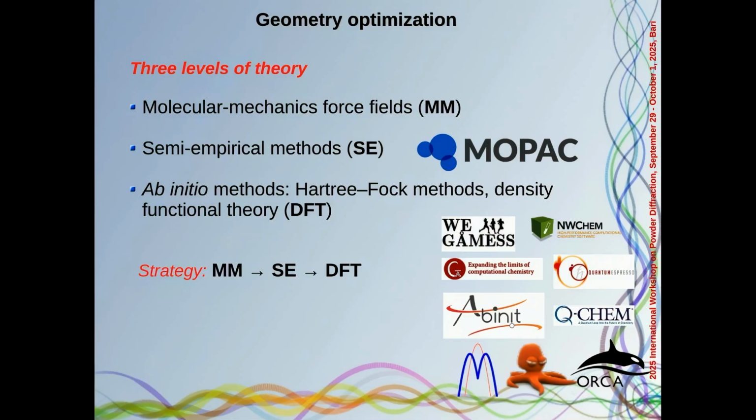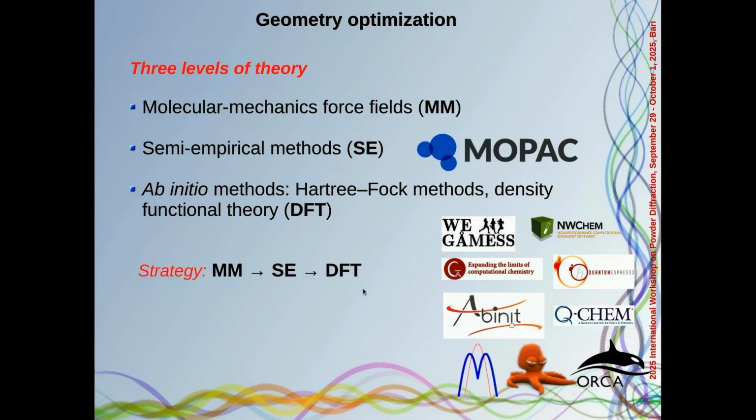And then there are ab initio methods, which are Hartree-Fock methods or density functional theory methods. There are several free programs that you can use to perform this type of calculation. A possible strategy is to use the output geometry of molecular force fields as input for the semi-empirical methods, and the output geometry of semi-empirical methods as input for the DFT calculation.